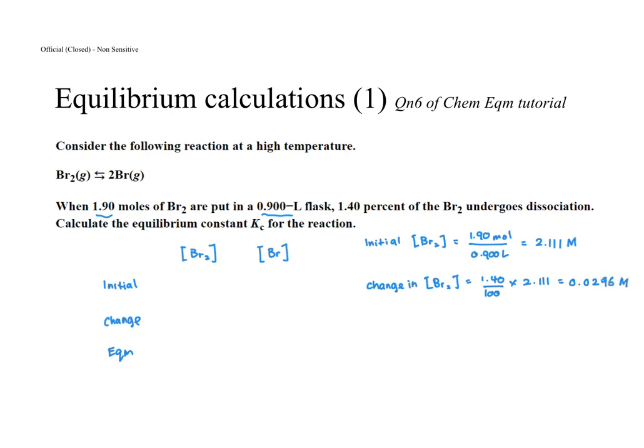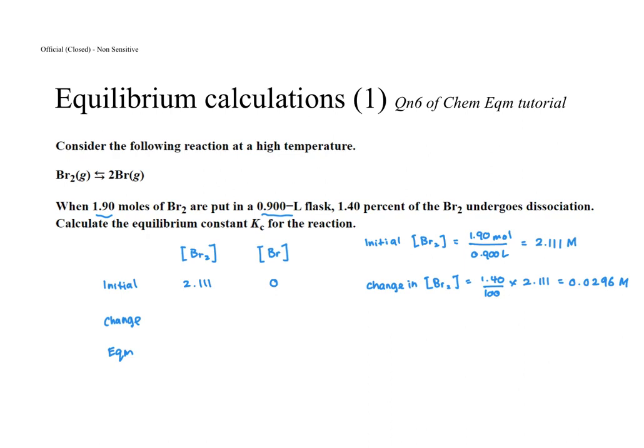And we will get 0.0296 molar. So let's put the values that we have into the ICE table. We have initial bromine concentration of 2.111. Initially, there are no bromine atoms, so this would be 0.